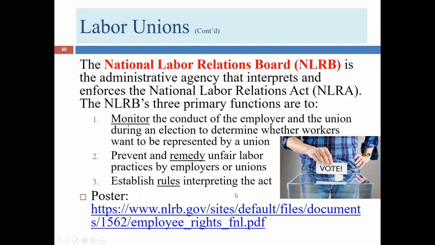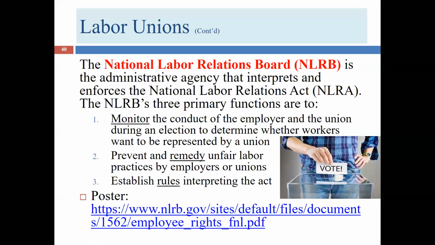The National Labor Relations Board, unlike the EEOC, the Equal Employment Opportunity Commission, is a very political agency. In the employment area, it is probably the most political. There are 5 members of that board, and 3 are of the political party of the president who is currently sitting.